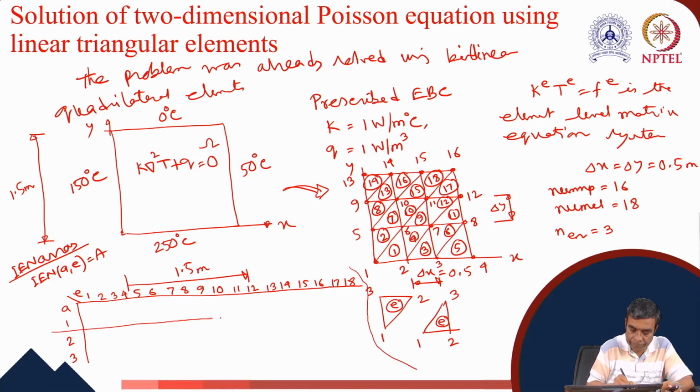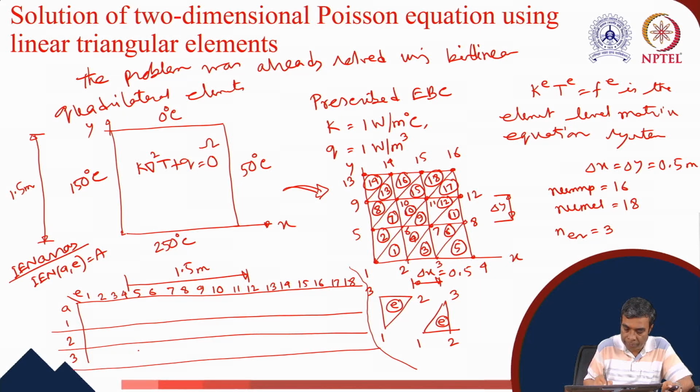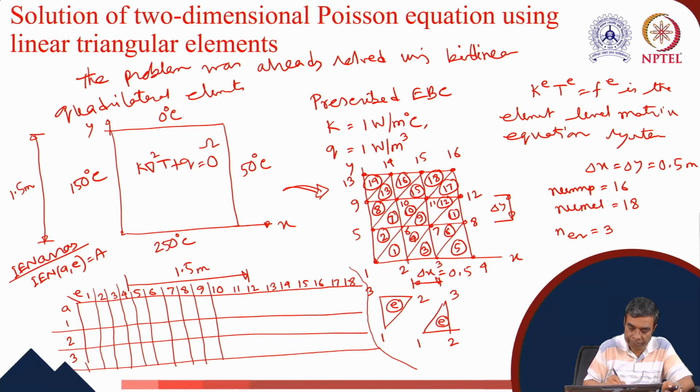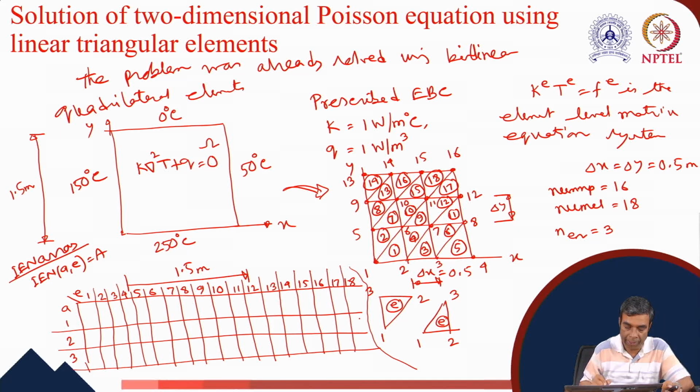Here we make the boxes first for generation of the IEN array, which is compulsory for making the mesh.